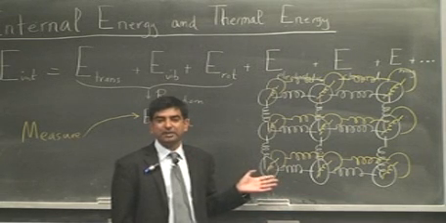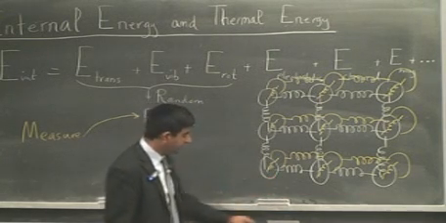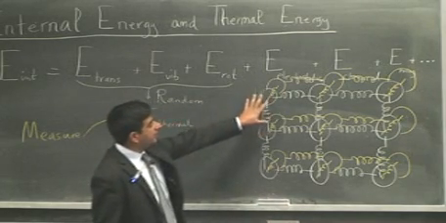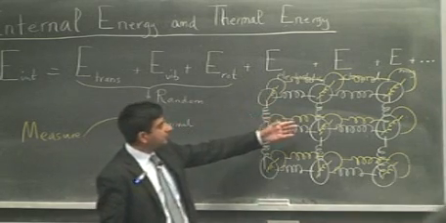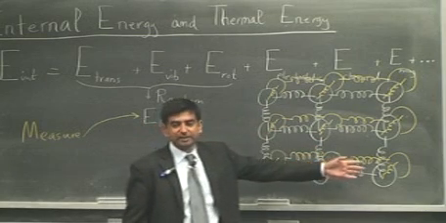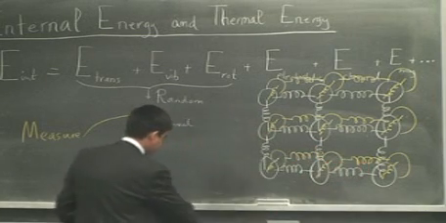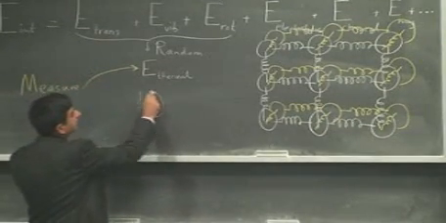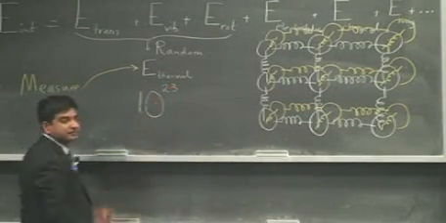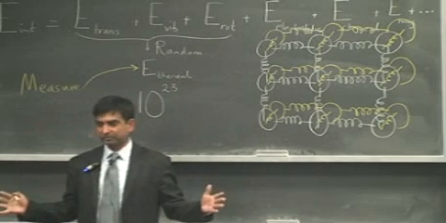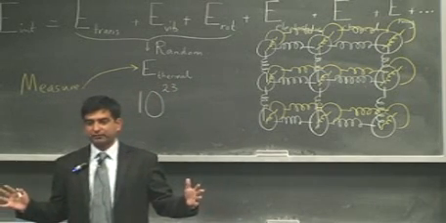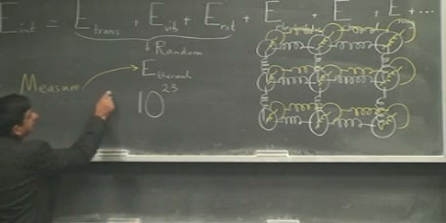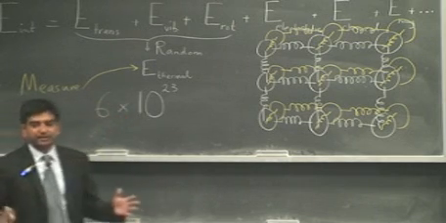Now what we should really be able to do is have a record of the energies of each one of these harmonic oscillators. Suppose we have a solid in which there are 10 raised to power 23 atoms, a very large number. You have 1 mole of a solid and there are 6 into 10 raised to power 23 atoms.